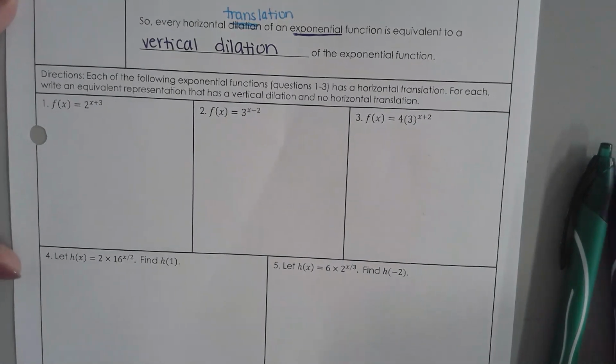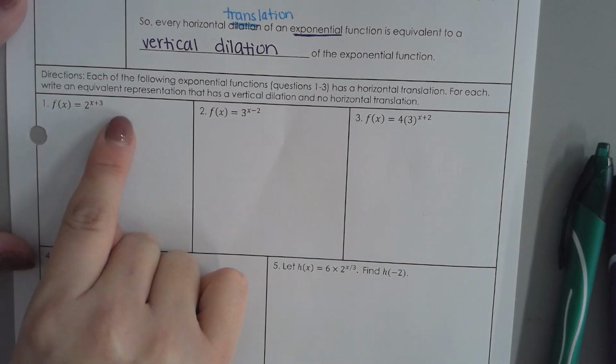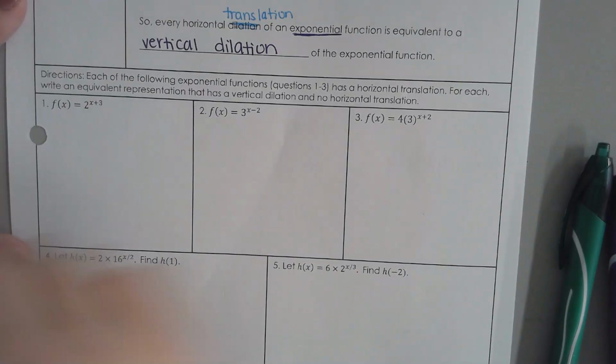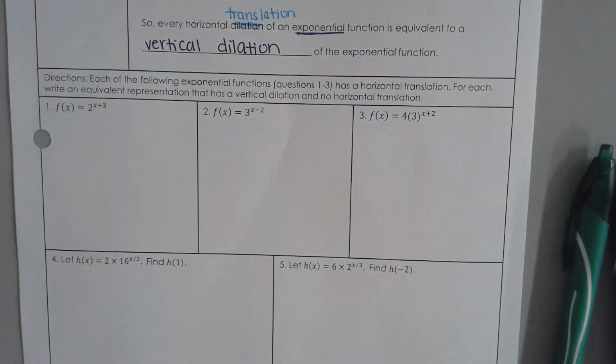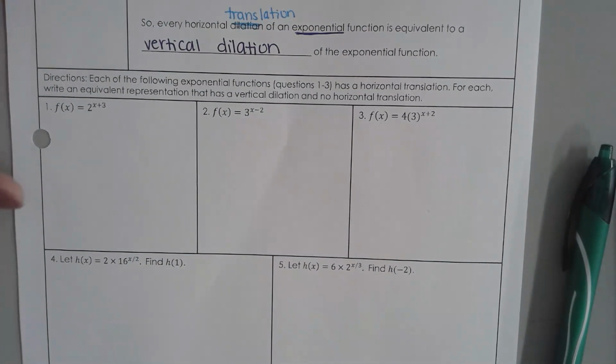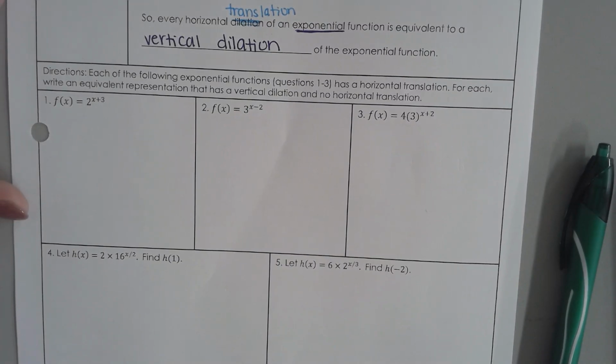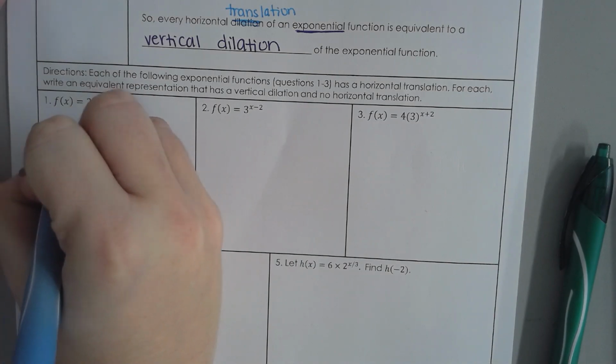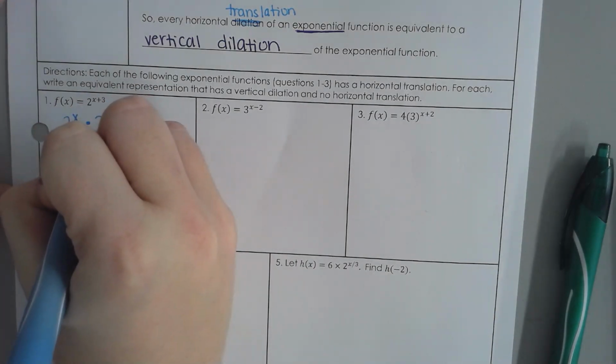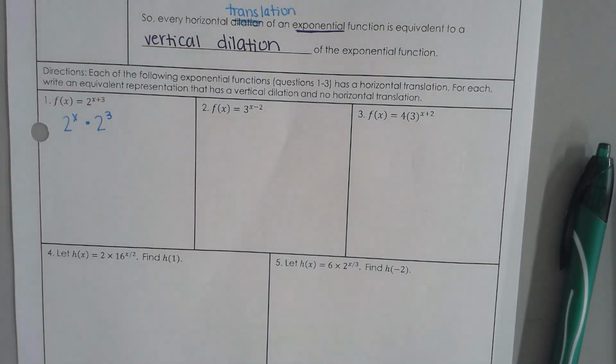So 2 to the x plus 3. How would I rewrite that using my exponent rules? Yep, 2 to the x times 2 to the third. Those 2 lines are exactly the same.